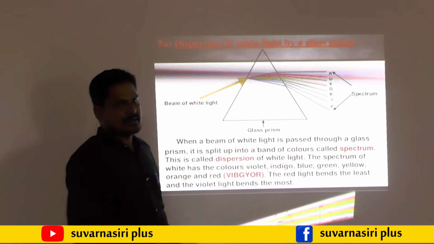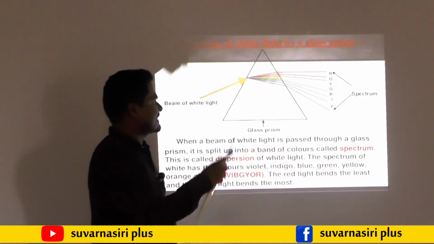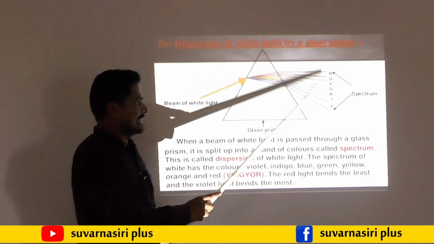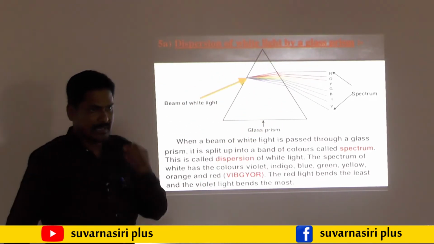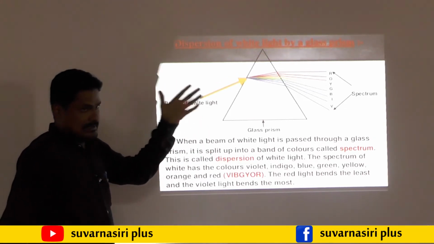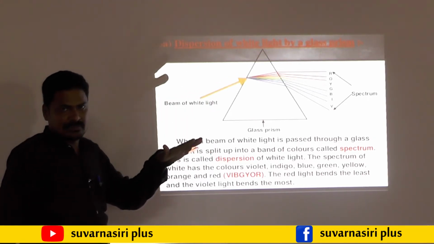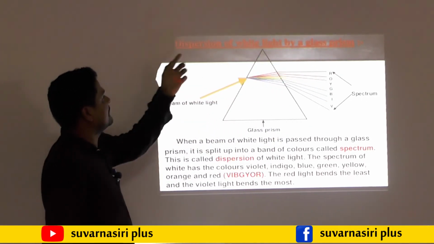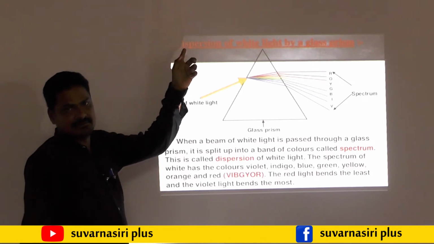So VIBGYOR is a spectrum. A spectrum is a band of colors. The colors are violet, indigo, blue, green, yellow, orange and red. These are the things we have to learn. When white light passes through the prism and splits into 7 colors, this phenomenon is called dispersion.